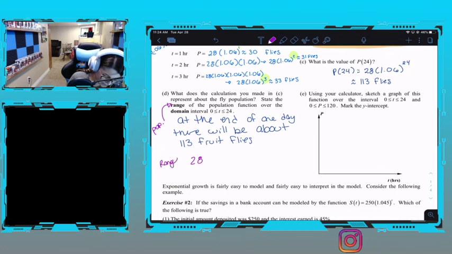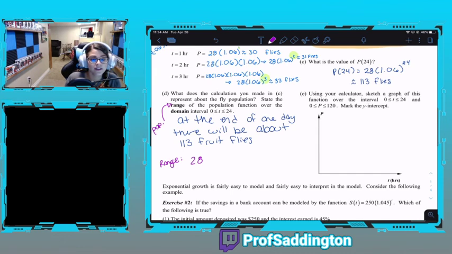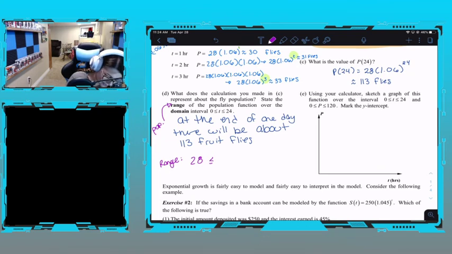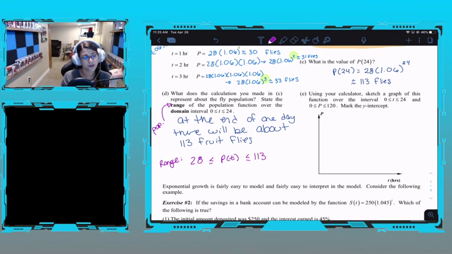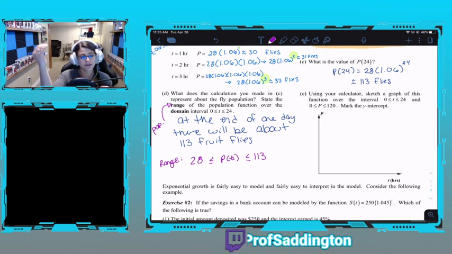I should label this as the range. I'll put P of T in there. And then we ended with 113. So at 0 time, we're matching that up with 28 fruit flies. And at 24 hours, we're matching that up with 113 fruit flies.